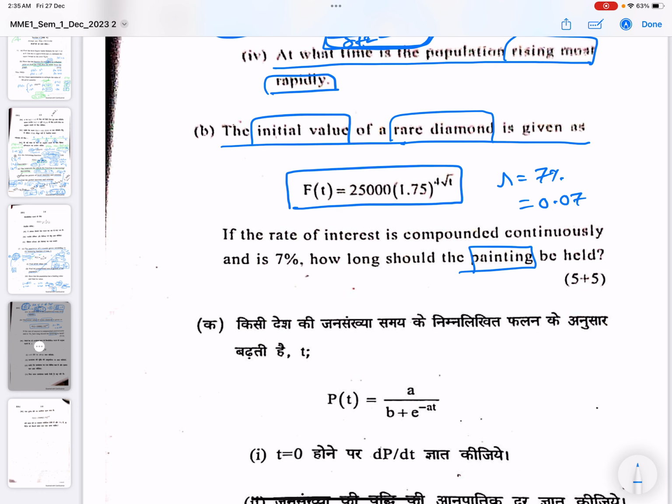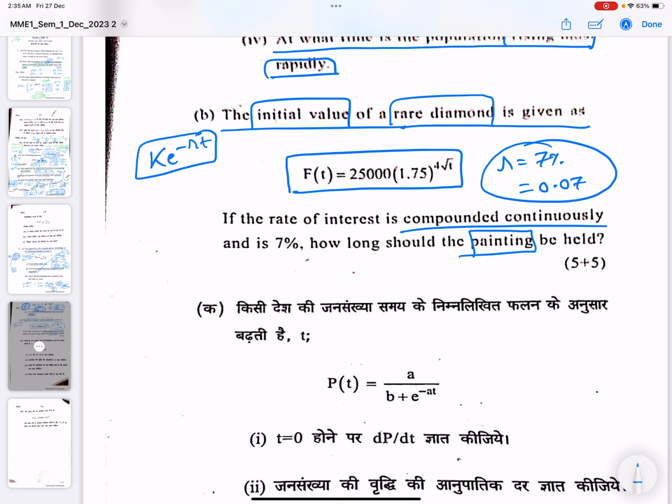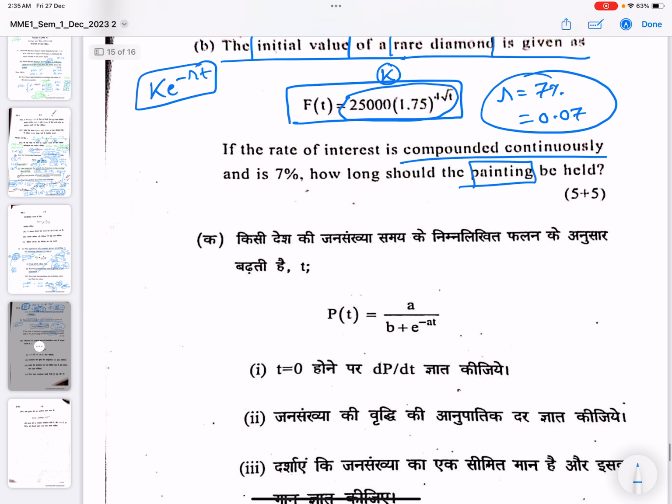Because the value is getting discounted, for interest compounded continuously, the present value is K into e to the power minus rt, and K is the initial value.